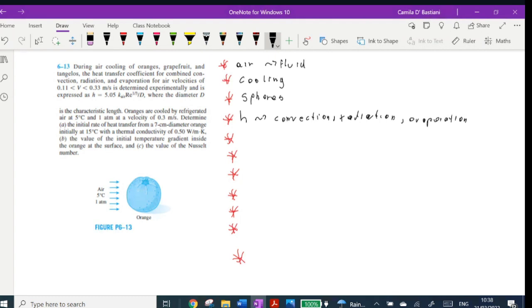For air velocities, this expression that we are going to see is just valid between 0.11 and 0.33.